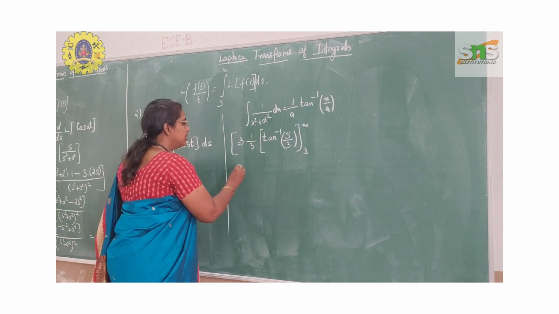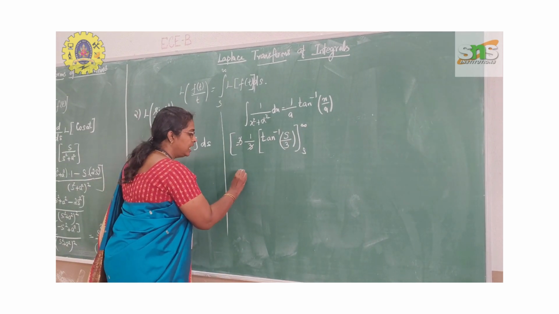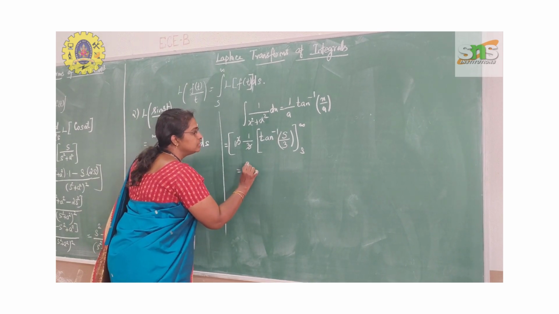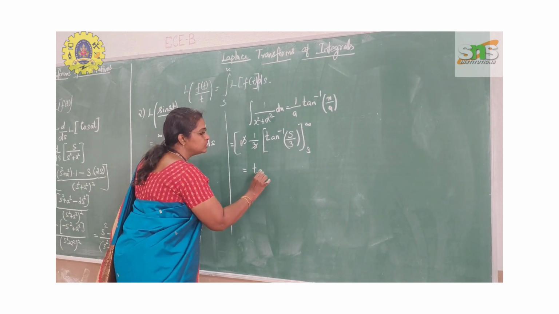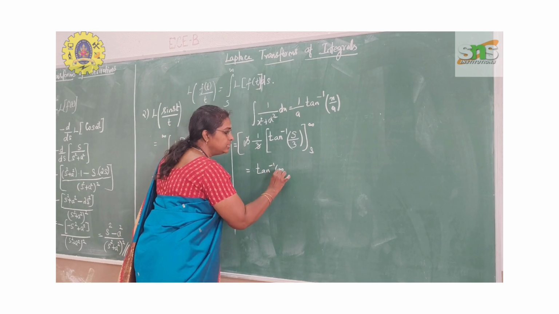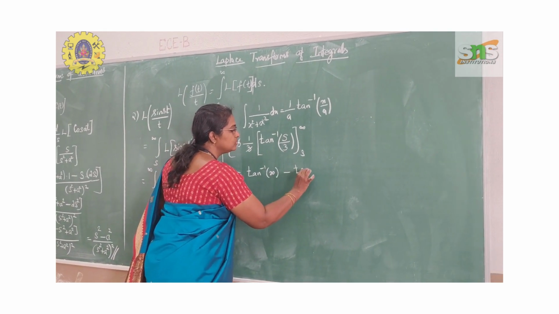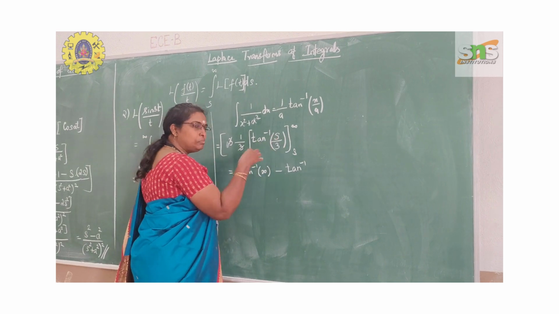Apply the limit. This 3 we can cancel, and we get tan inverse of infinity minus tan inverse of s by 3.